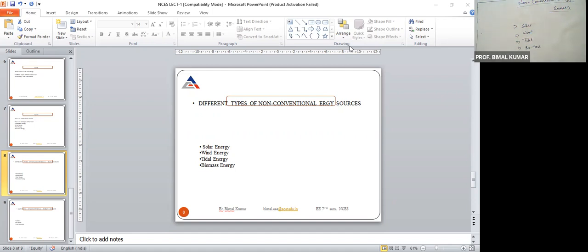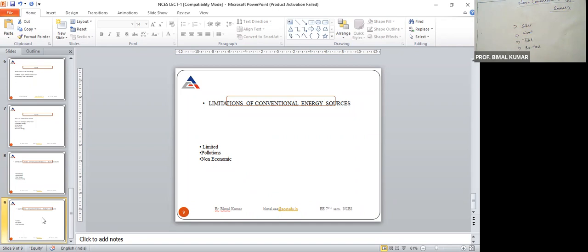So some of the non-conventional types of the energy sources are solar, wind, or tidal, biomass, biogas, right? These are some different types of the non-conventional types of the energy sources.